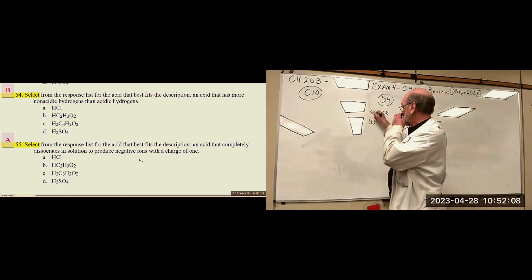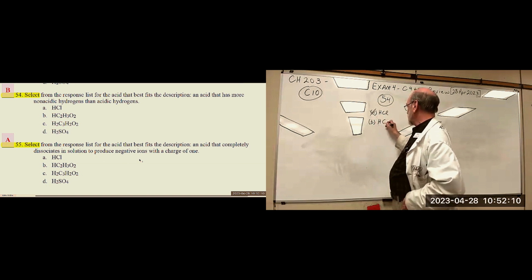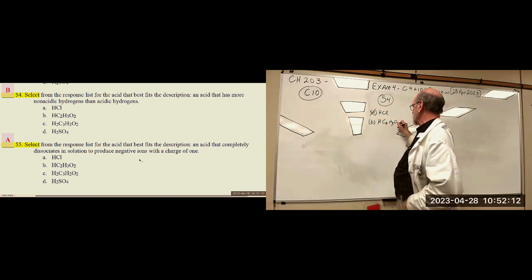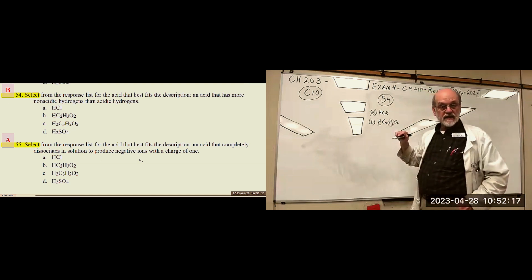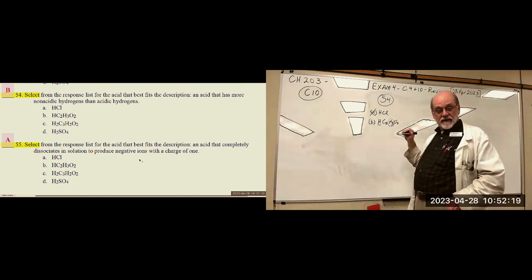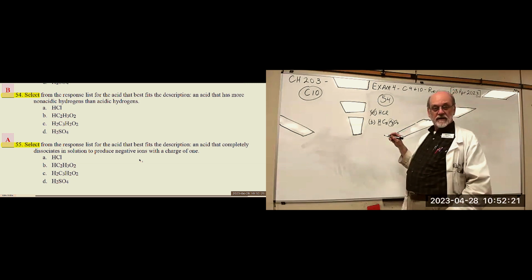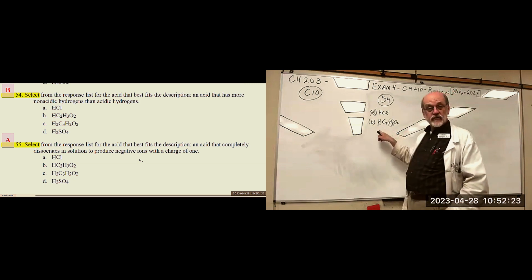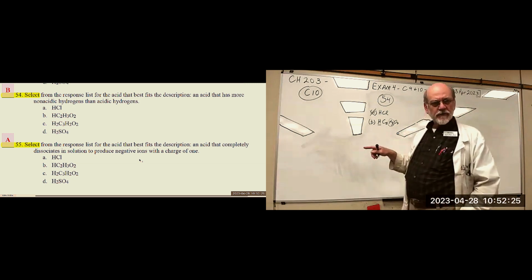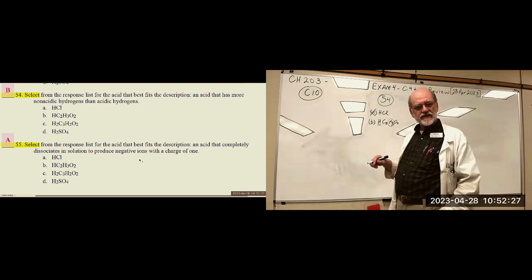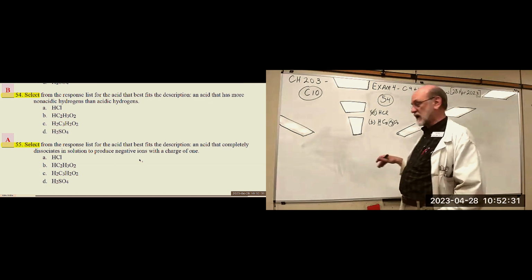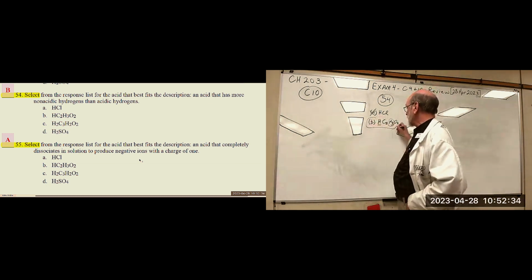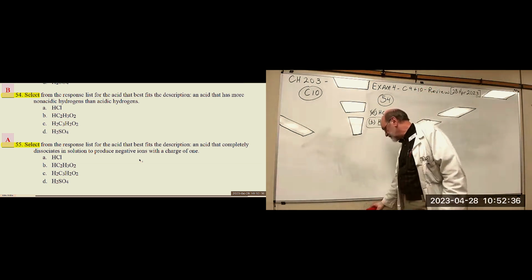Acetic acid, C2H3O2. This is acidic. These are non-acidic, right? So it has more non-acidics than acidic. That's true. For C, you've got 2 acidics and 2 non-acidics. And for D, you've got 2 acidics and no non-acidics. So B is the only one that answers that one correctly.